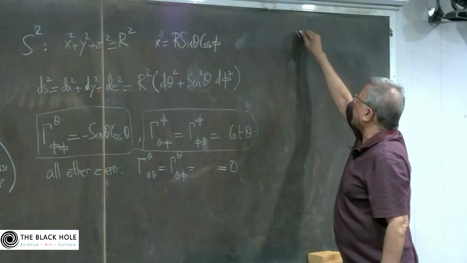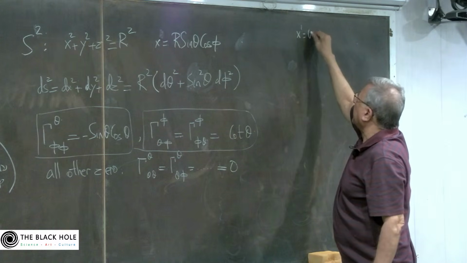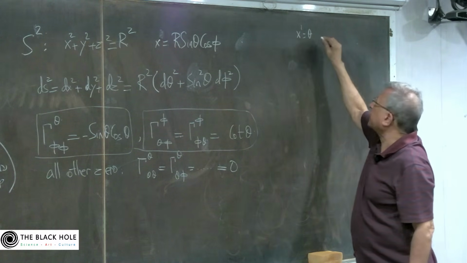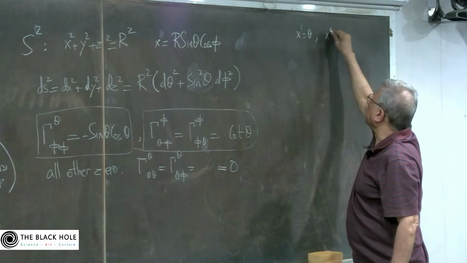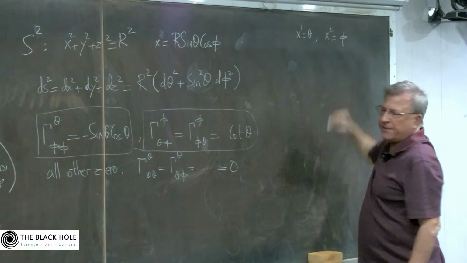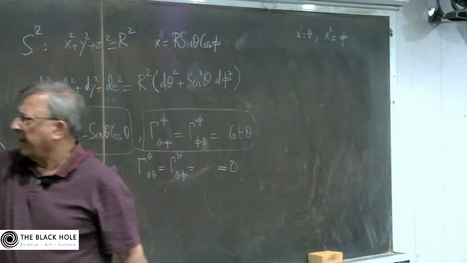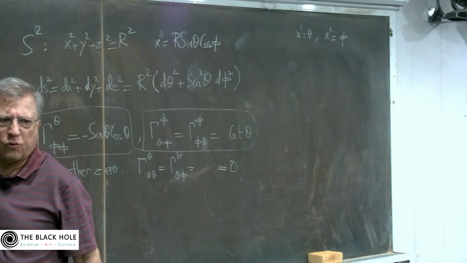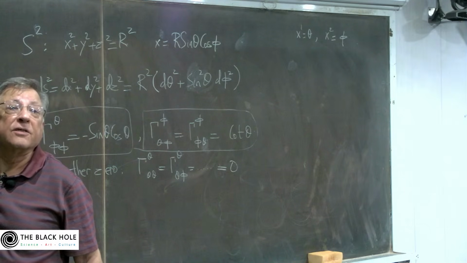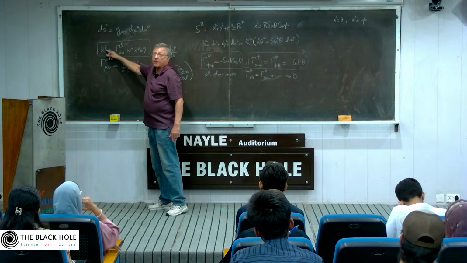Now let's remember that x1 is theta, x2 is phi. And so the first equation here, we put rho equal to 1, which means that this is theta double dot.